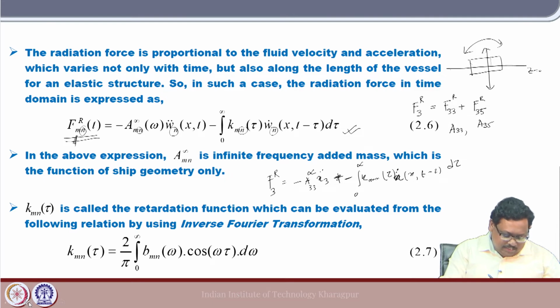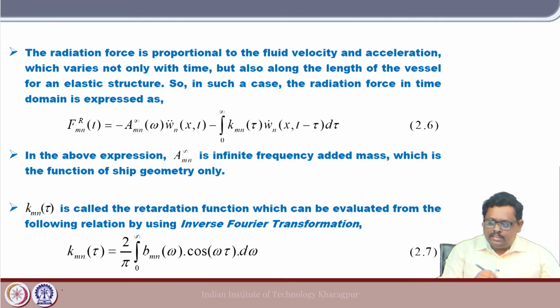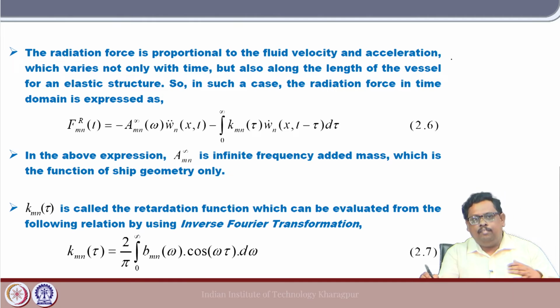However, in case of a flexible body, you have an infinite number of modes. So, we have to understand that it is not that trivial, or not even trivial for the rigid body. Here it is more complicated.